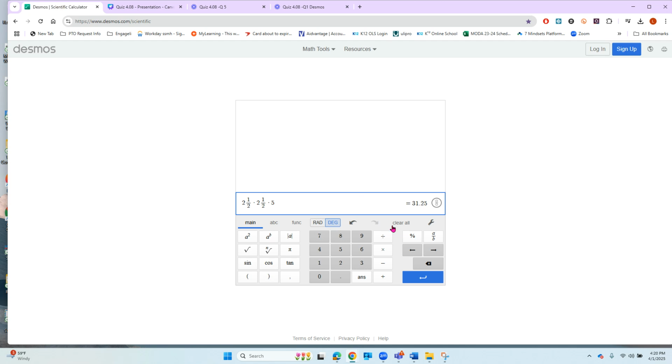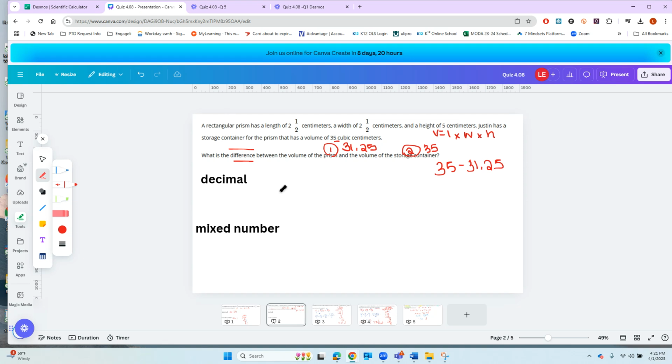So I'm going to go back over here. I'm going to make sure that that moves up. So 35 minus 31, I'm going to put the decimal in, 25, and that gives me 3.75.